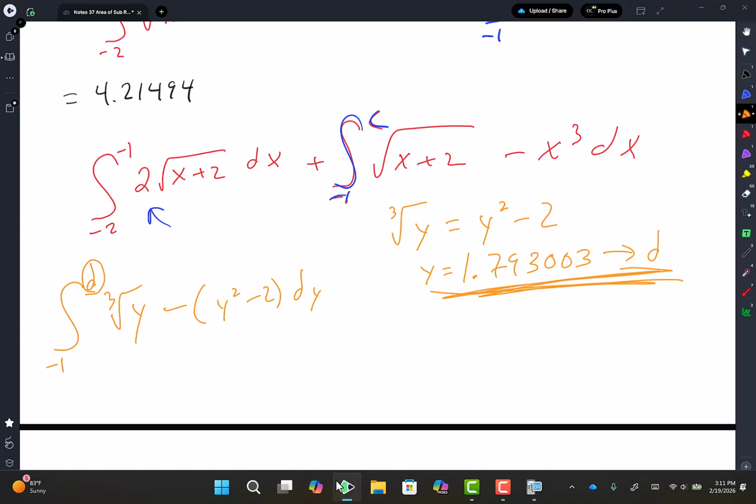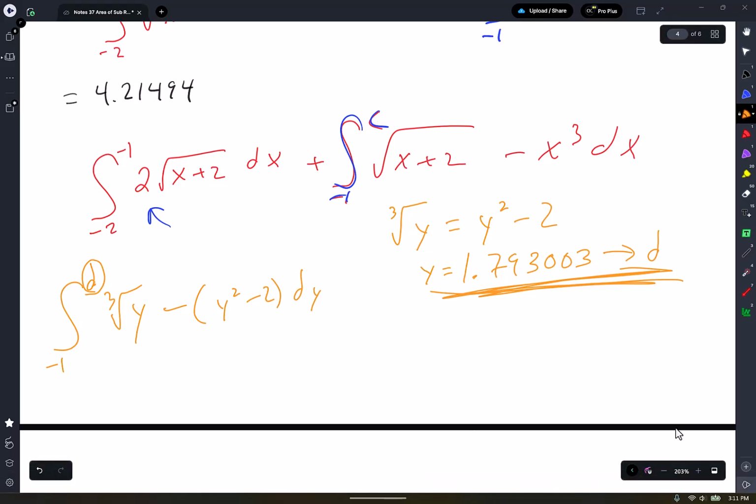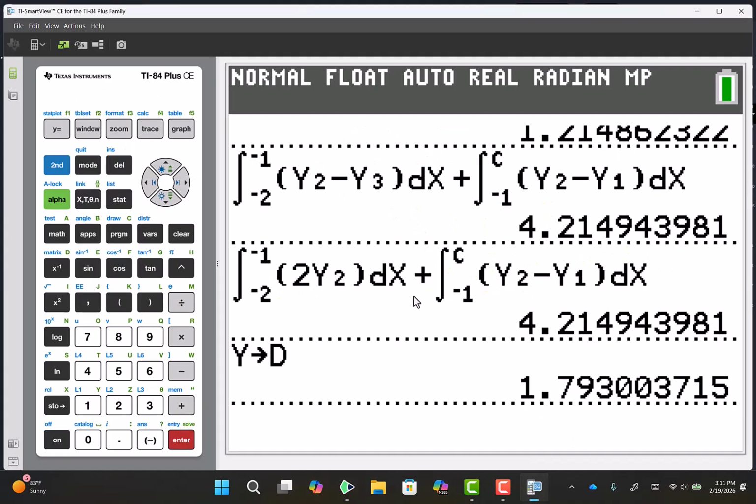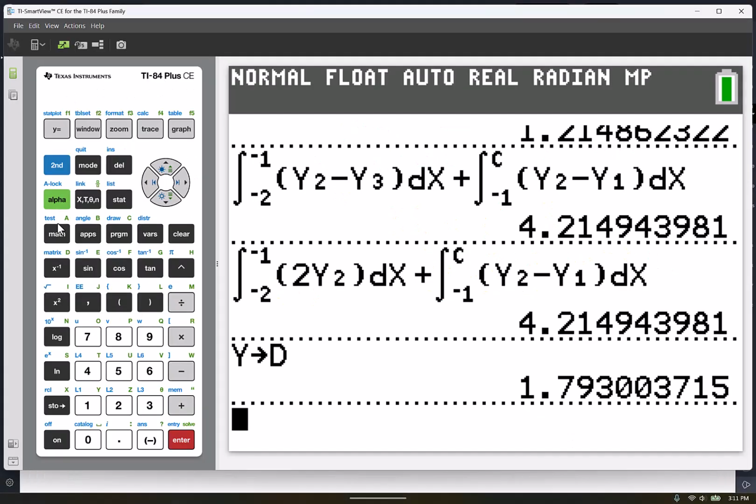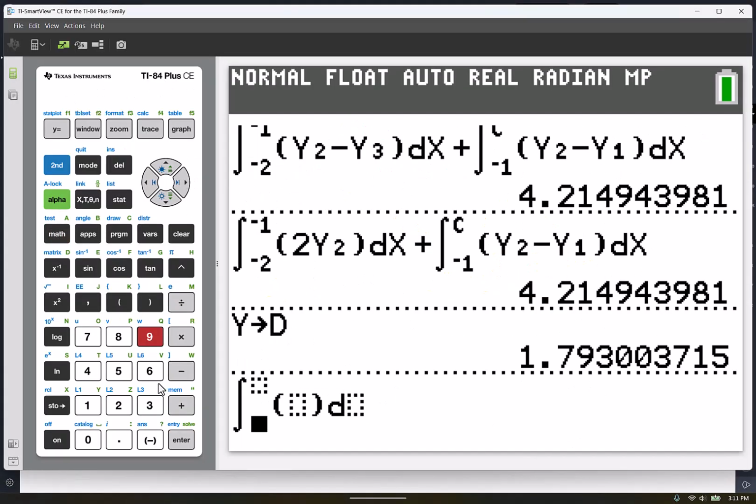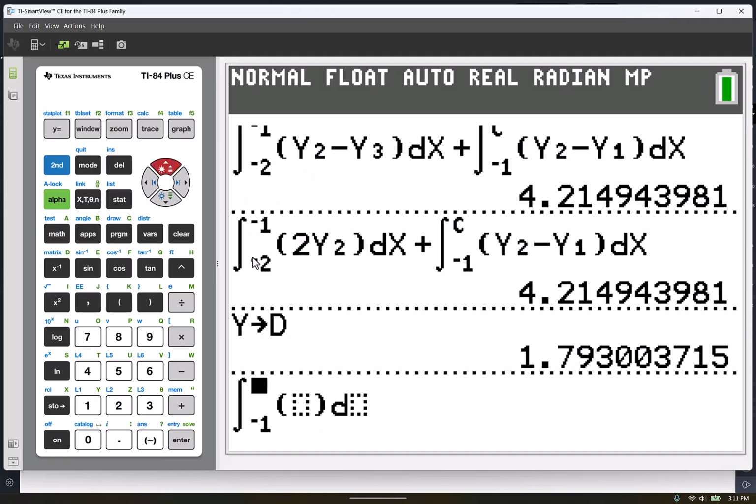Guys, the calculator is just a tool. If you wanted to type Y's in your TI-84, you can, but I just think it would take forever because of the keystrokes. Look, we'll try it real quick. You could go math 9. What was my lower value? -1. And I already have it stored as D here, so alpha D. And what's my first function?